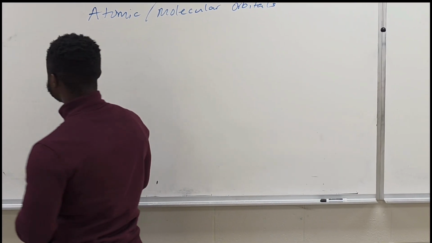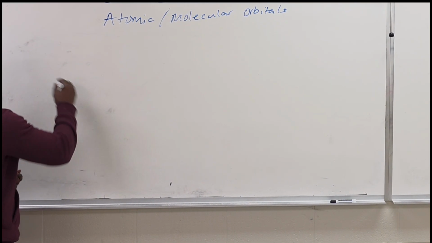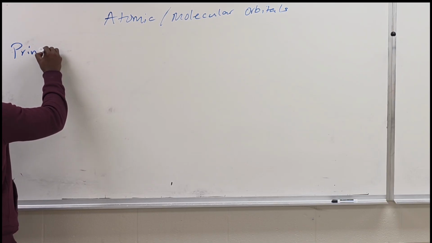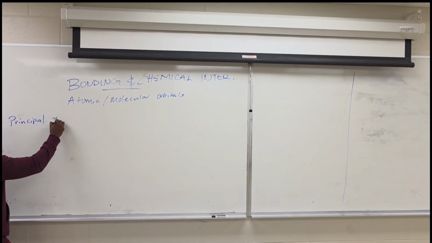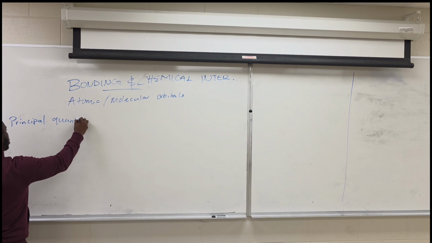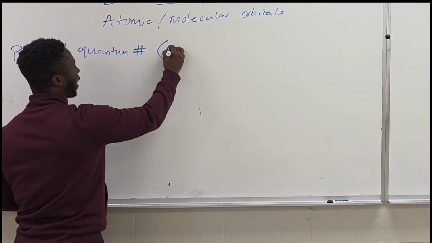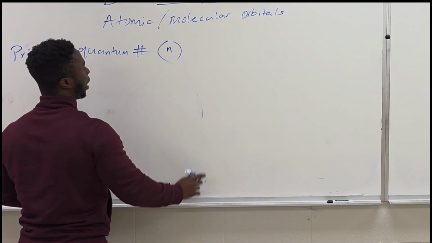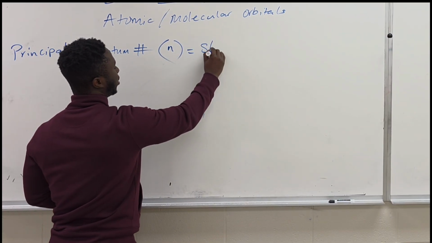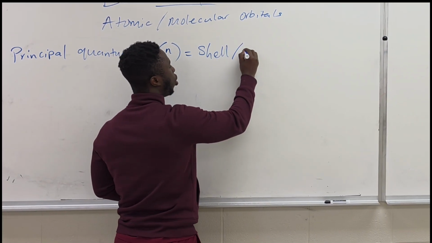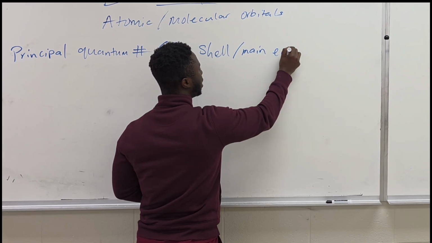shell. So the first quantum number was the principal quantum number, denoted by the letter N, right? And it was the shell or main energy level.